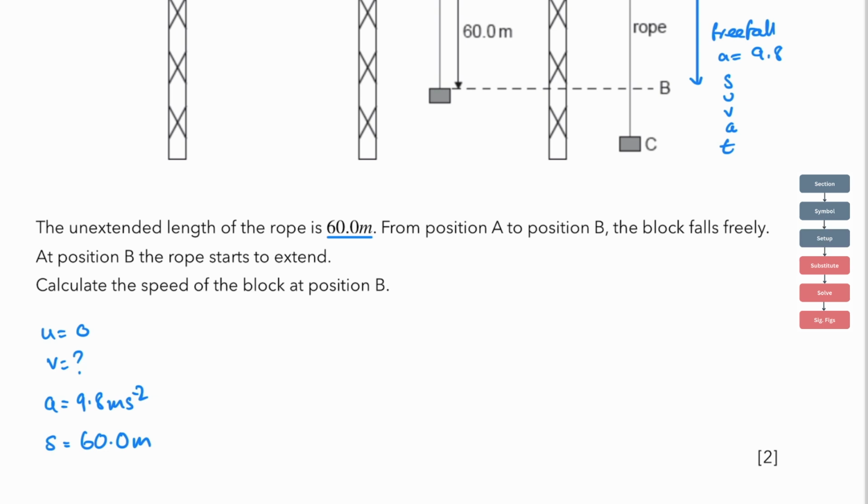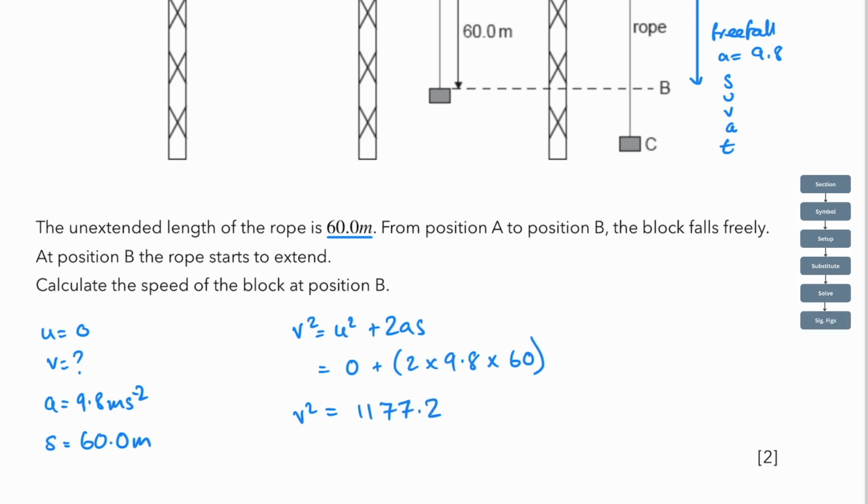We set up the correct equation, and we're looking at v squared equals u squared plus 2as. Let's substitute in our data. Let's solve. So v squared is equal to 11772.